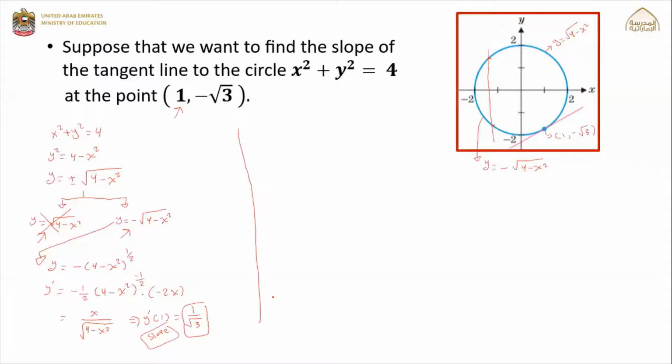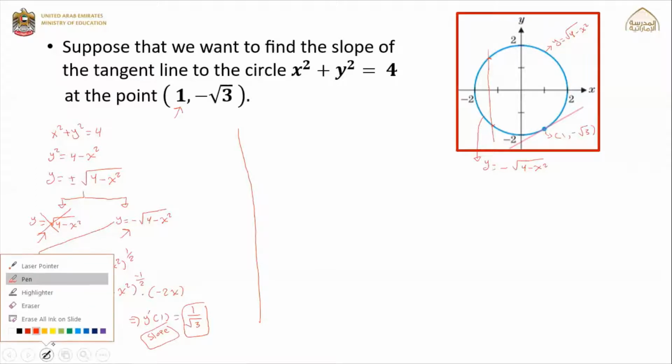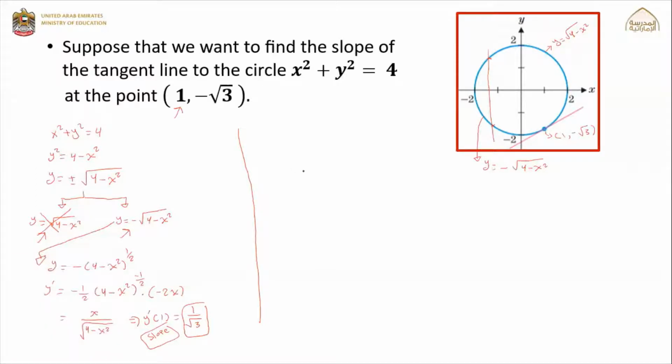Now I will try to use another method to find the derivative of y. I will take the equation again, x squared plus y squared equal 4. Before I start my method, what about the y in the equation?